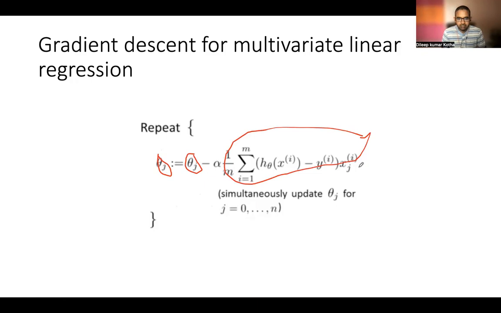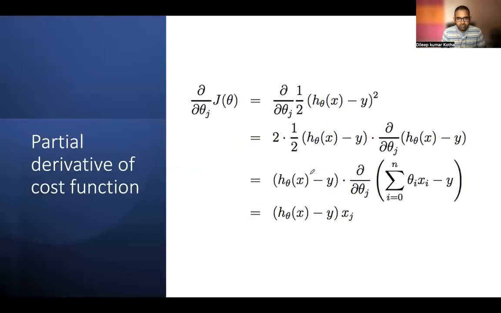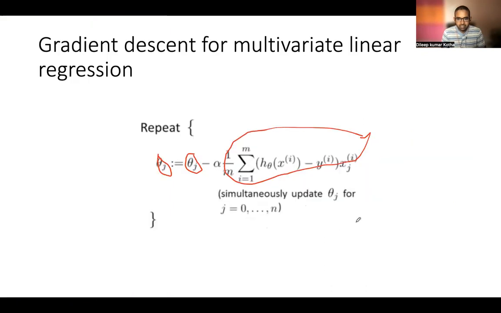And how we are deriving this xj for a given cost function, this is available in this slide. So if you are aware of the calculus, you can look at the derivation, and this will ultimately result in h of x minus y times xj, which is there in our next slide.